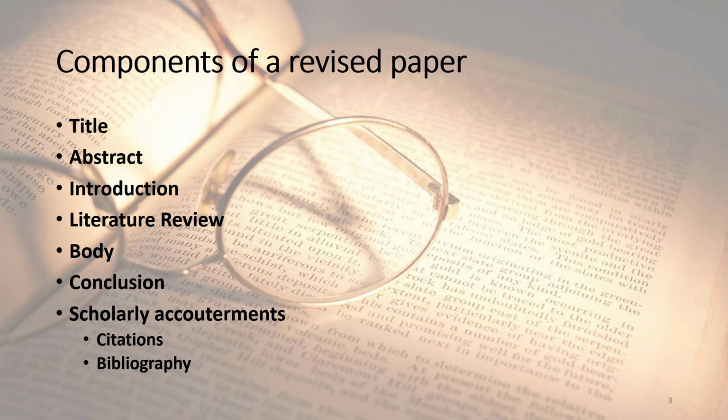They are title, an abstract that you may not have written ever before, your introduction that we would like to beef up and expand, a literature review that you've probably called historiography by its proper name and that you may have written but you may not have written, the body of your paper, the conclusion which we want to expand and solidify, and then all of those scholarly accoutrements like citations and bibliography. Let's look at these one at a time.